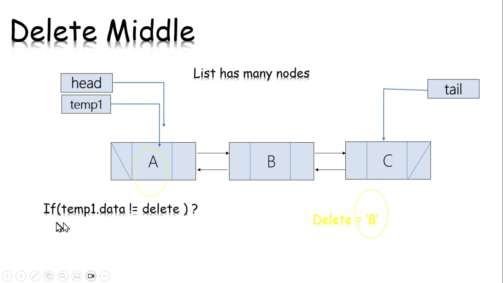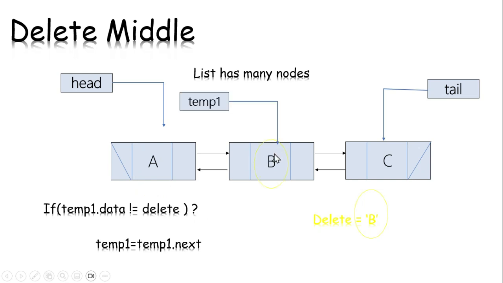To do that, I do the checking: if temp1.data is not equal to delete, then I instruct temp1 to traverse to the next node, temp1 equals temp1.next. By giving this instruction, the visualization will look like this.